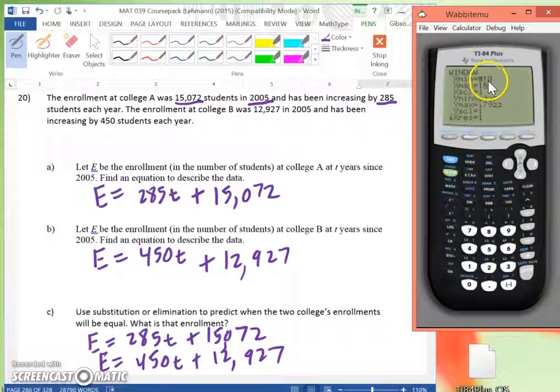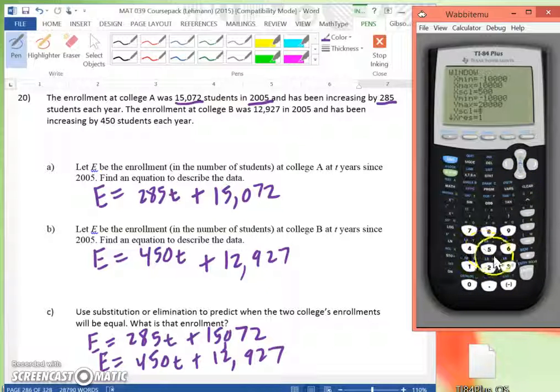Now with this window, it probably would help if we made this X min a negative 10,000, X max a positive 10,000, then we could make the scale 500, and then do the same for the Y. Well, actually the Y needs to be higher, but we can make the Y min negative 10,000, and the Y max, let's make it 20,000.